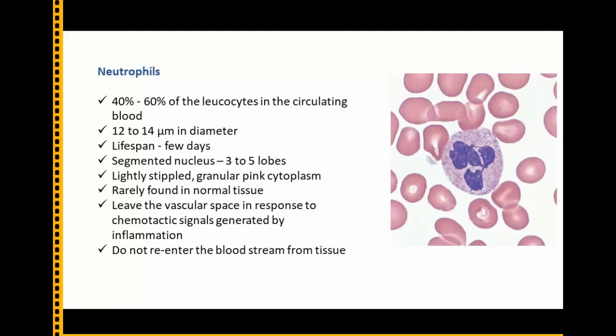So, neutrophils have a 3 to 5 lobed nucleus. They have granular pink cytoplasm.